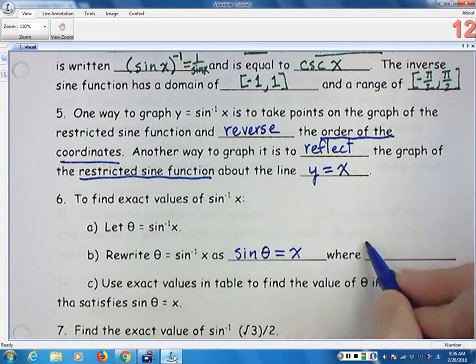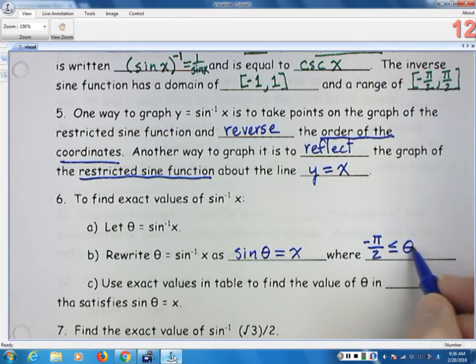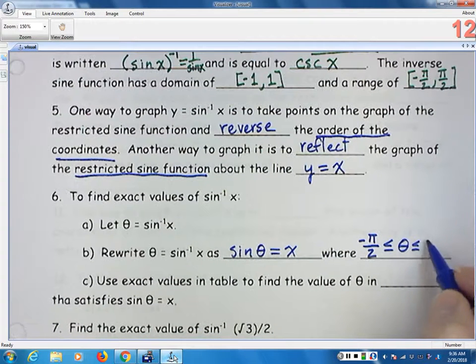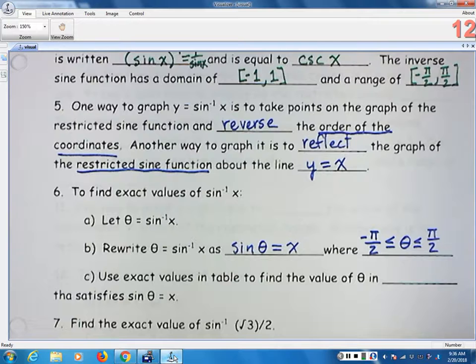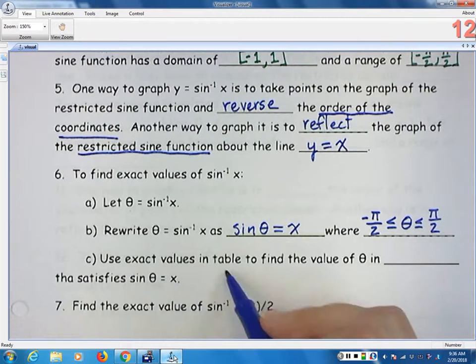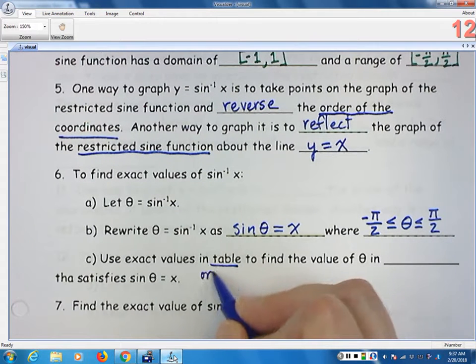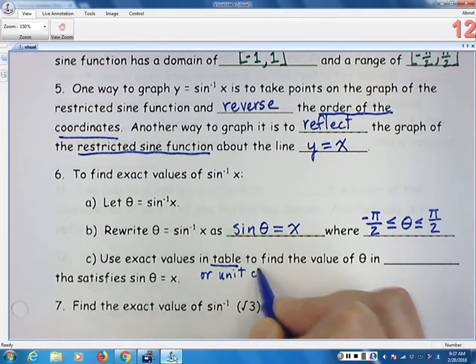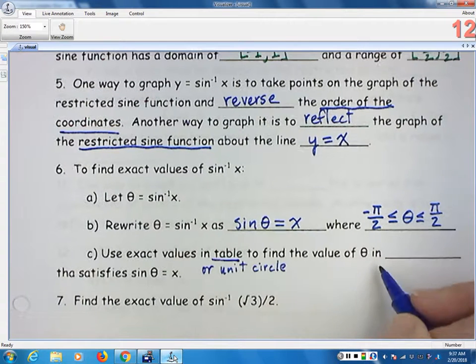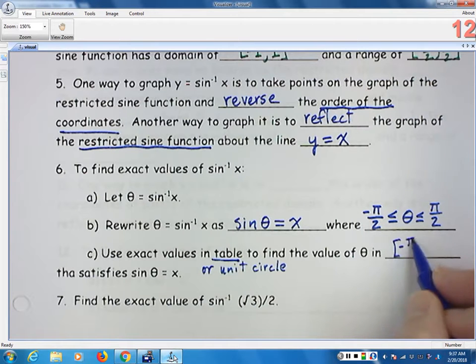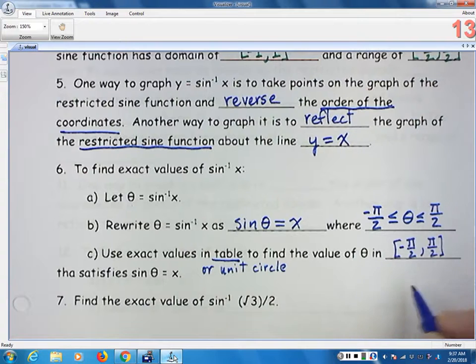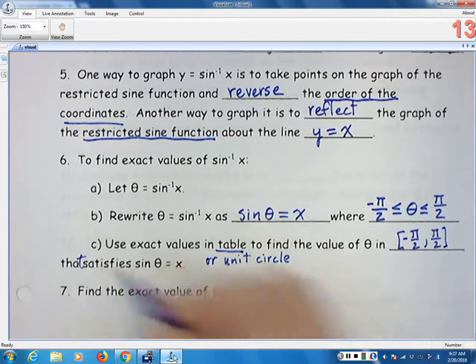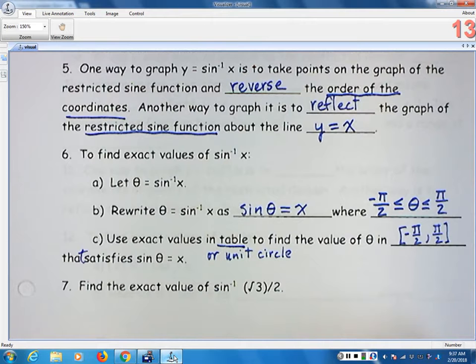And then you need to remember that the angle has to be restricted, for the sine function, to between minus pi over 2 and pi over 2. We'll use exact values in the table or unit circle to find the value of theta in minus pi over 2 to pi over 2 that satisfies sine theta equals x.